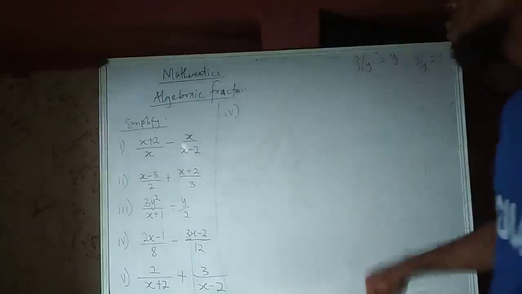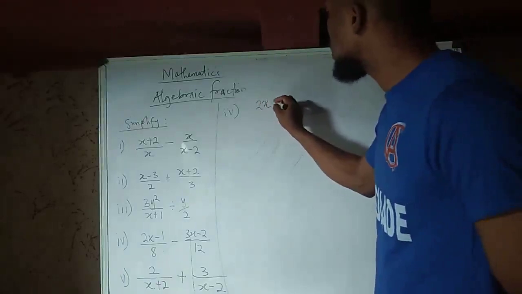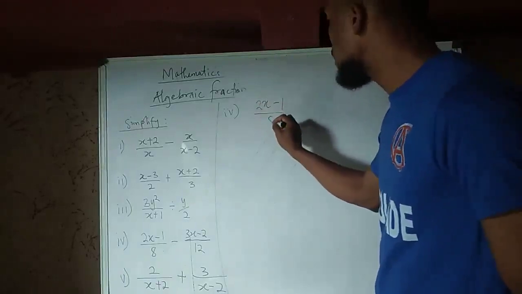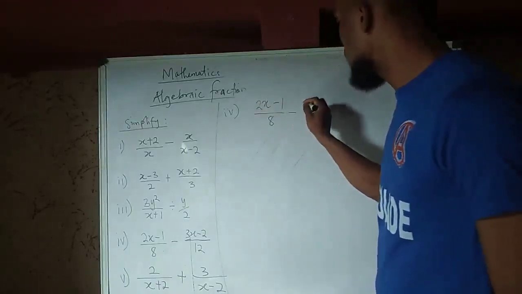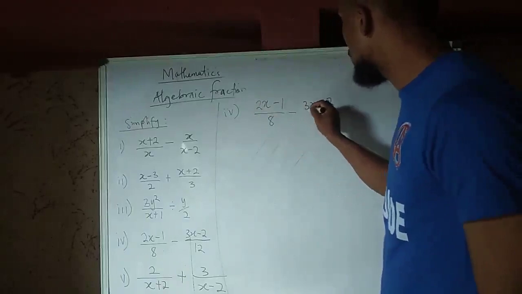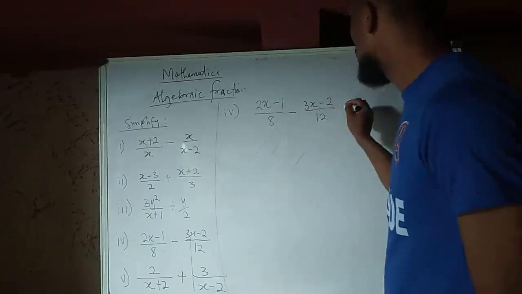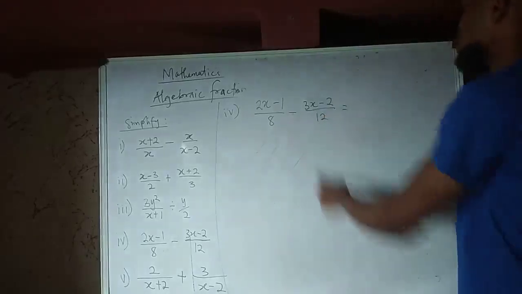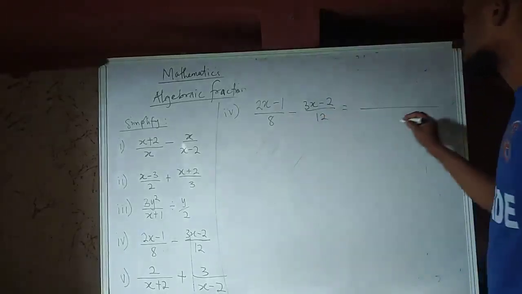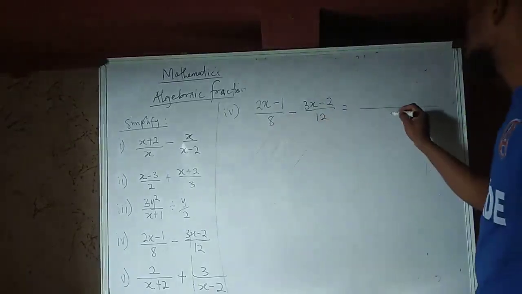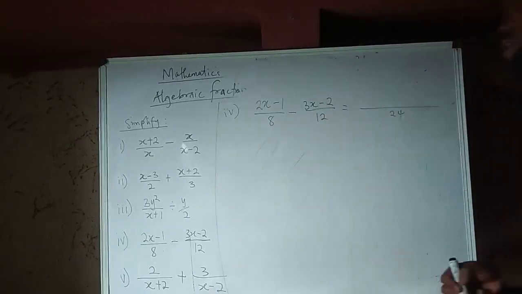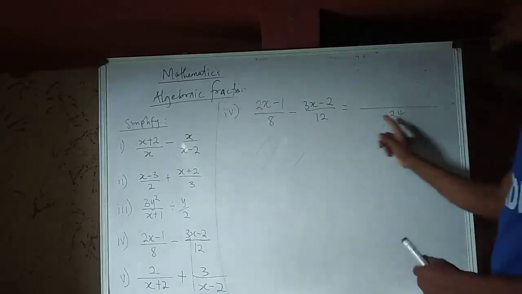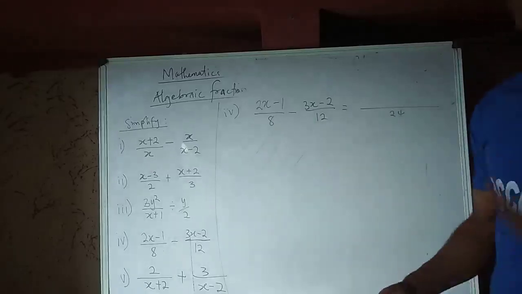Here on the fourth one we have 2x minus 1 over 8 minus 3x minus 2 over 12. So what do we do in this case? It is a subtraction, so we must get the LCM. The LCM of 8 and 12 is simply 24. 24 divided by 8 is 3.